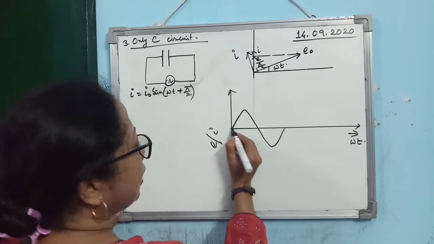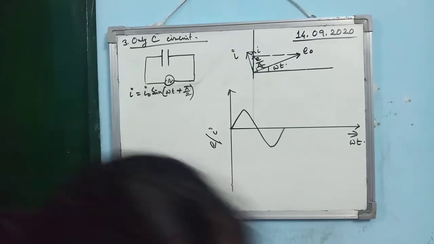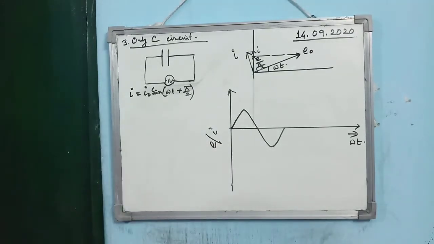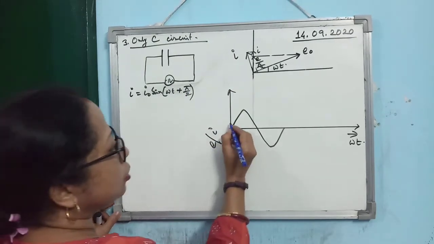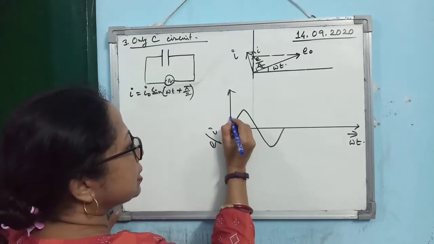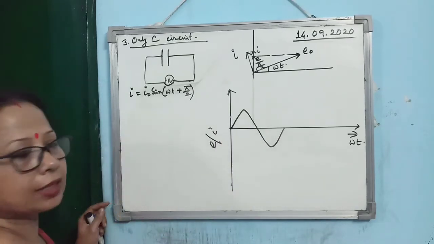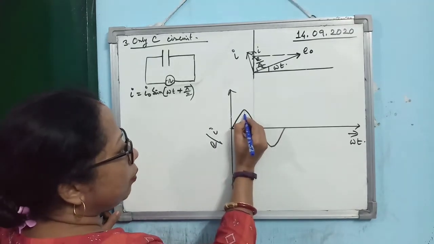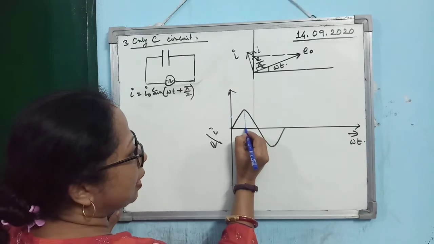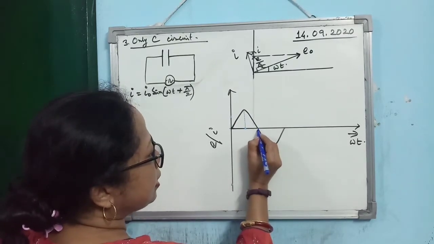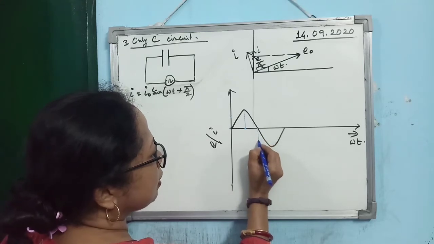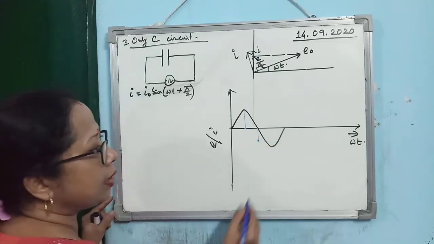So EMF when it is 0, current will be maximum because it is leading by an angle pi by 2, but it will be maximum in the positive direction. Then you see, when EMF is maximum, current is 0. Then when EMF again is 0, current will be maximum but in the opposite direction.